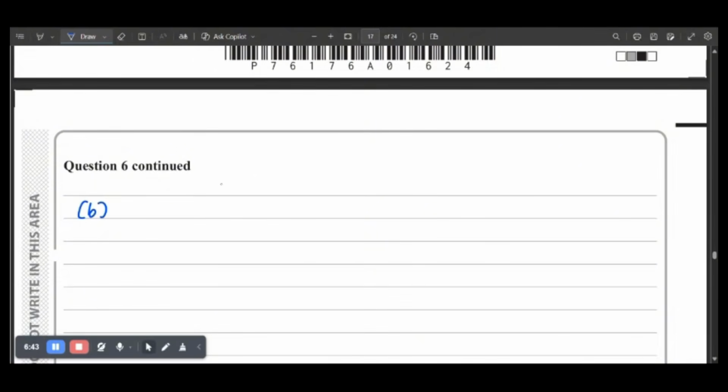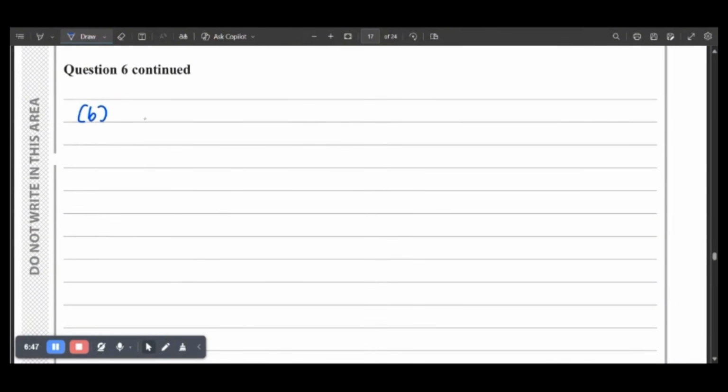To calculate this, we have to multiply the probability of x being greater than 508 with the probability of x being less than 508.